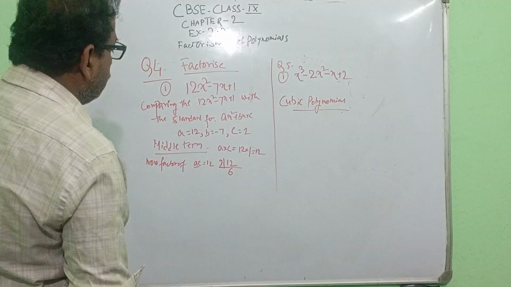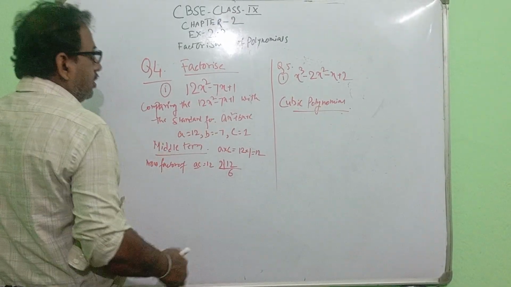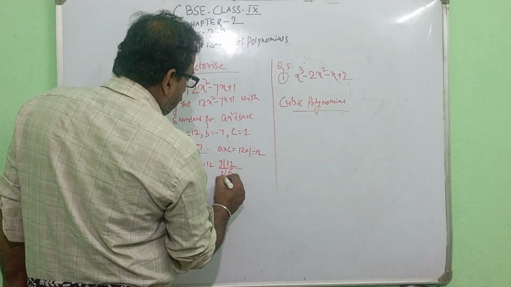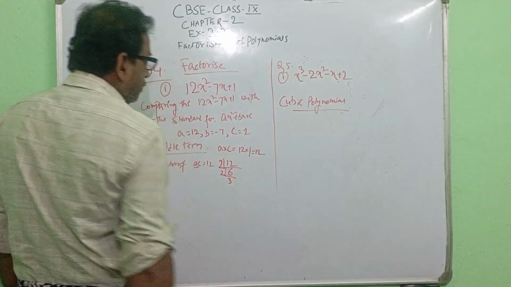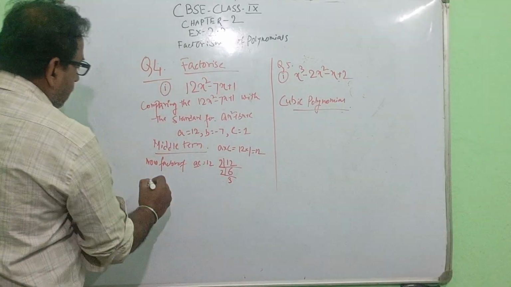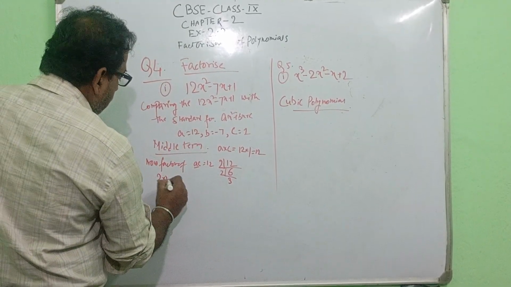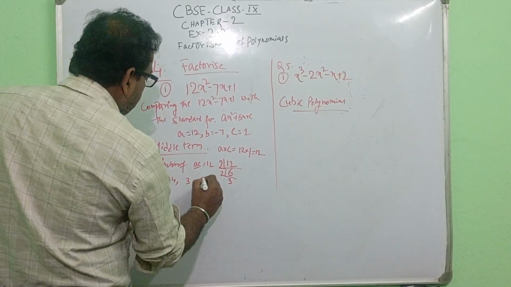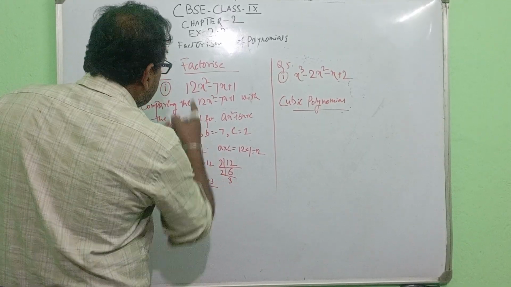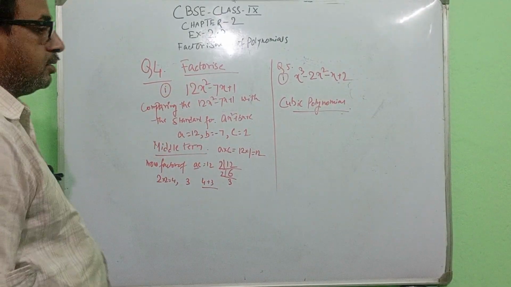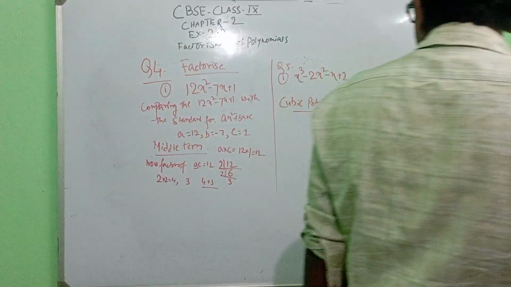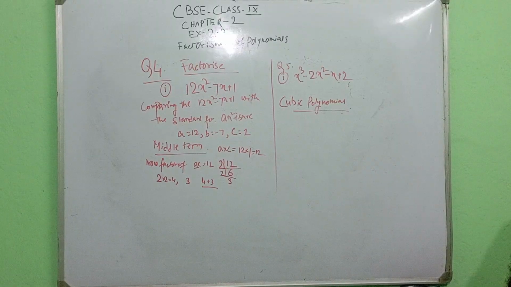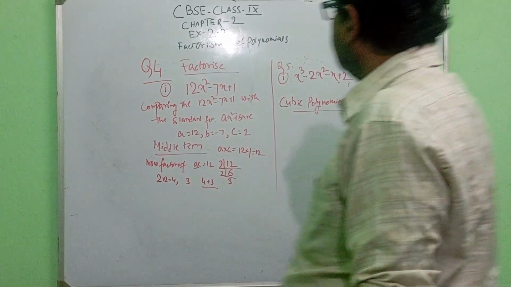Minus 6 minus 2 never comes 7. Again, 2 into 2 is 4 and 3. That is 4 plus 3, the 7 is coming. 4 plus 3, 7 is coming. This is how we identify that.